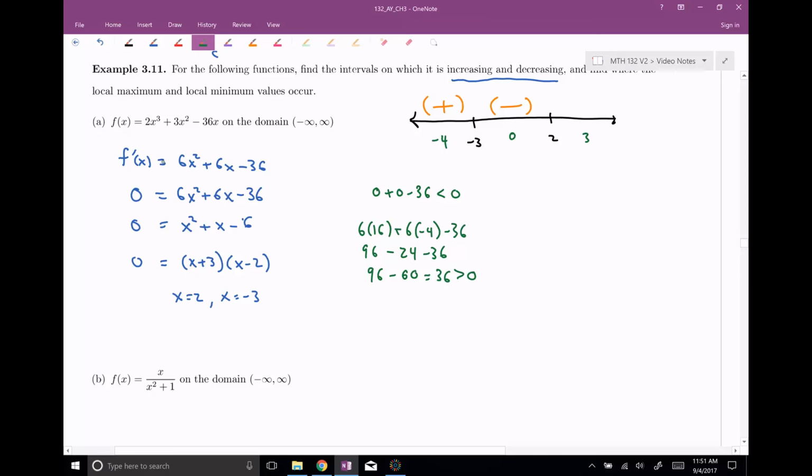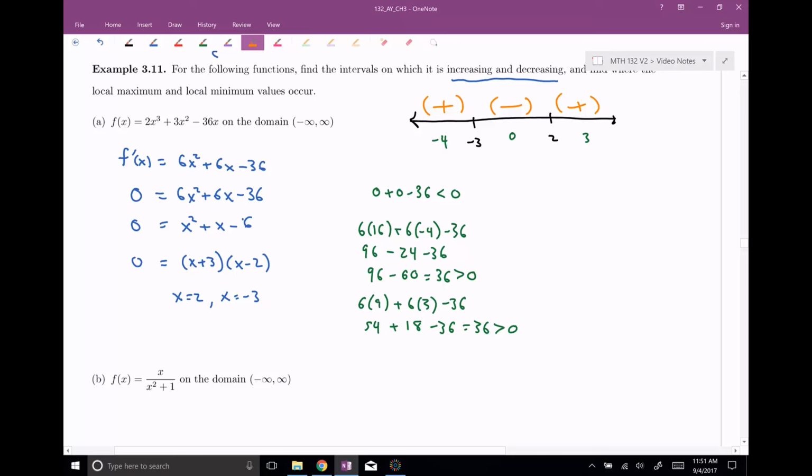So again, we're plugging these into the derivative. Okay, so 3. So let's see, 6 times 9 plus 6 times 3 minus 36. So that's going to be 54 plus 18 minus 36, which also happens to equal 36. And again, the big thing is that this is greater than 0.